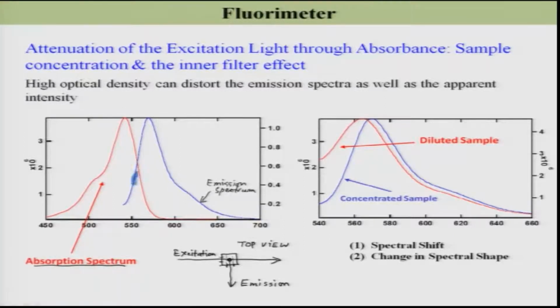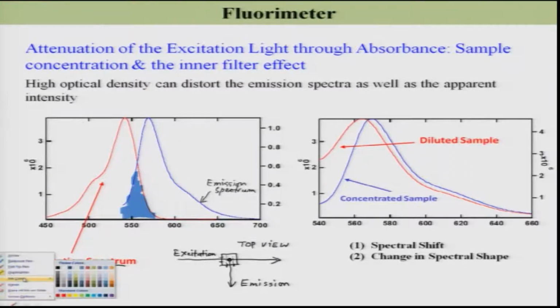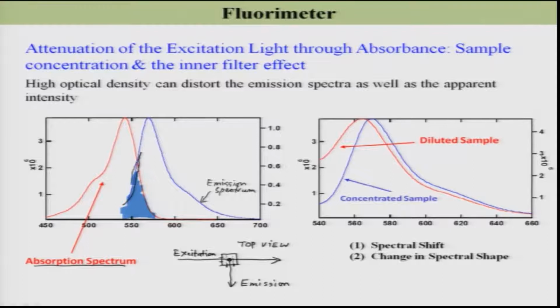See here, there is overlap over here. It means that if the concentration of the sample is high, then the emitted light in this wavelength region can be reabsorbed by the other unexcited molecules present in the vicinity of the excited molecule, clear.